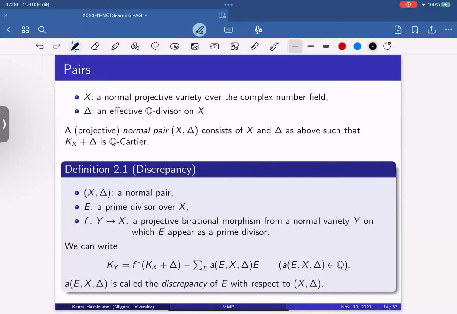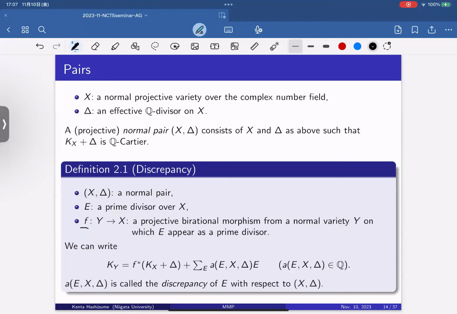Okay, now I define an important invariant. This is called discrepancy. This invariant is important to define classes of singularities. Let (X, delta) be a normal pair and we pick a prime divisor E over X. And we take a projective birational morphism f: Y to X on which E appears as a prime divisor.